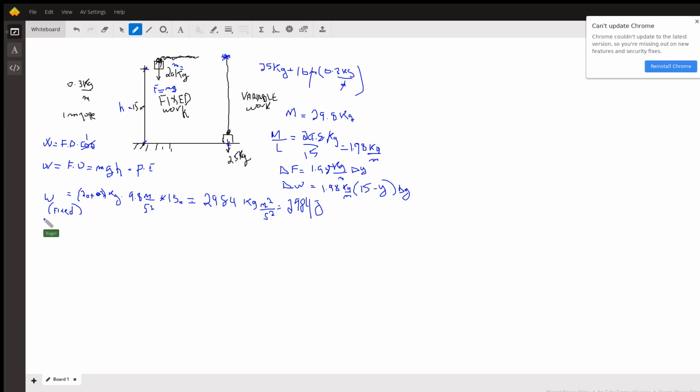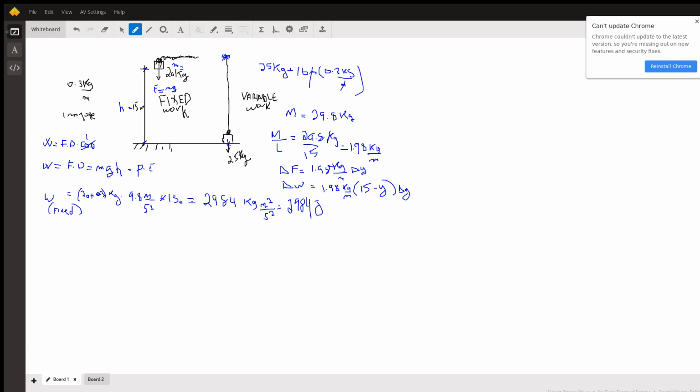So I'm going to start on a different board. I'm going to write that delta W, which is change in work, is equal to 1.98 times 15 minus y, delta y. Okay.